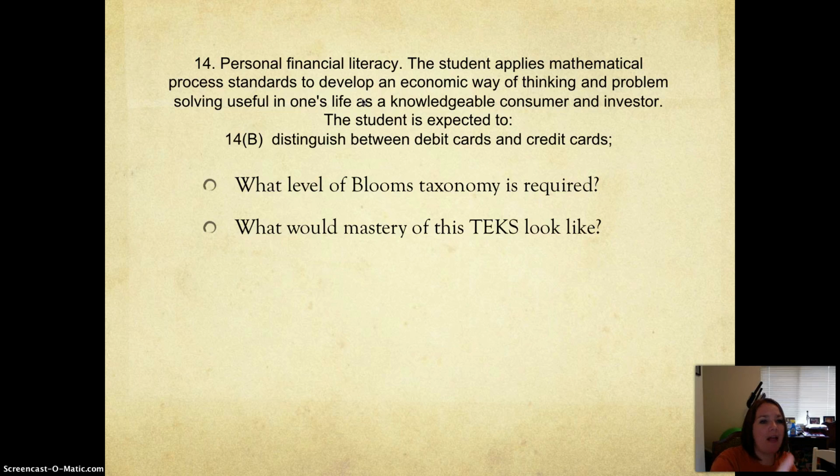Yes, analysis, you're right. This is the analysis level of the Bloom's taxonomy. So the end result of this TEK is to be able to analyze, to be able to distinguish between debit cards and credit cards.